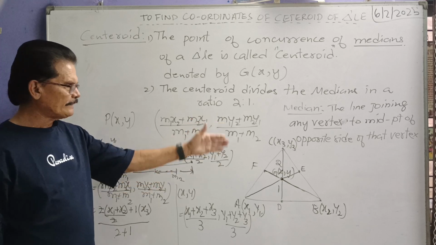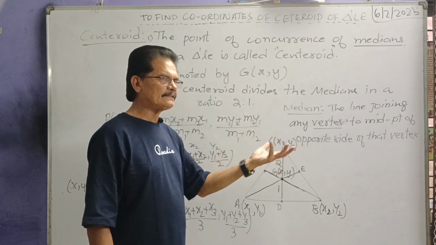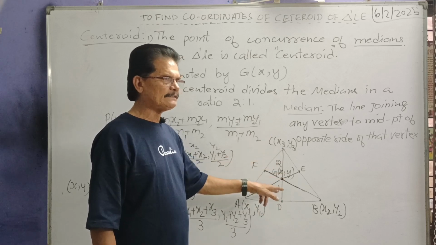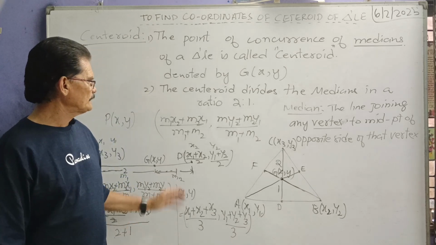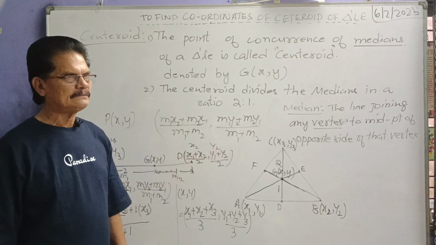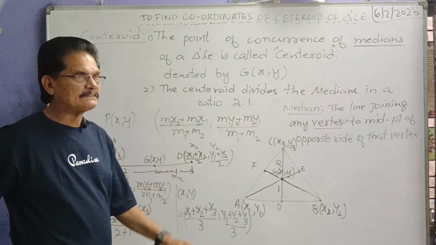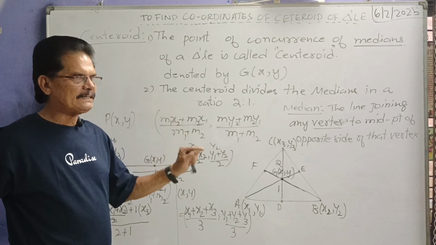If you take the median CD and go forward using the ratio point formula, we will get the centroid. It is a special point having a special ratio.